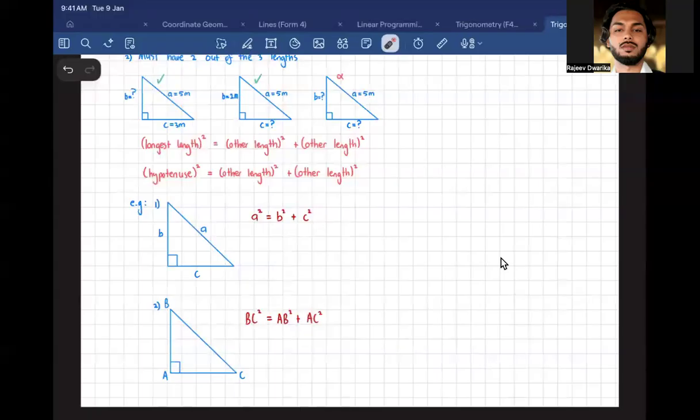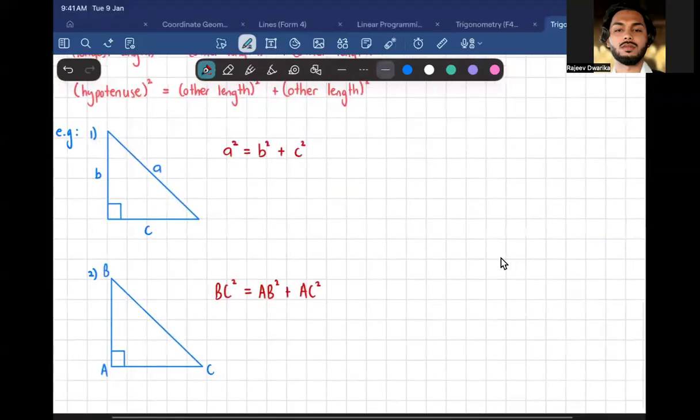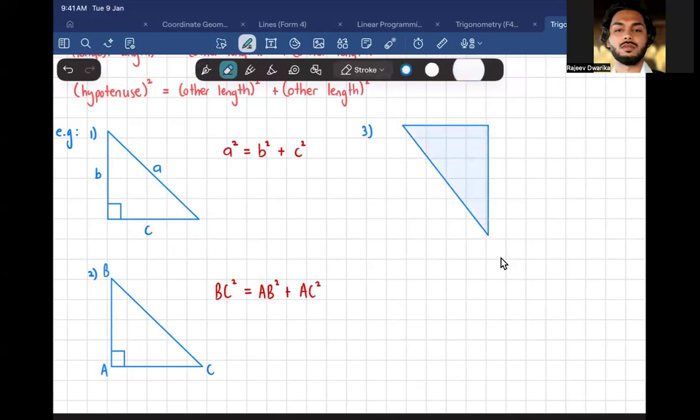They mightn't know how to write the formula in terms of the given labels. So that's why I write it like this. Perseus, let me give you one to try. Right now, we're just getting comfortable with the different notations and how to apply Pythagoras theorem to specific questions. I'm going to throw you into the ocean a little bit, not too much.